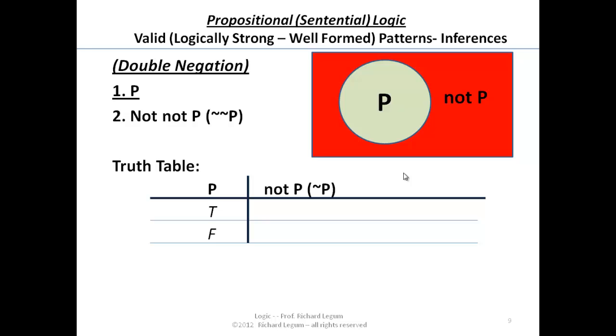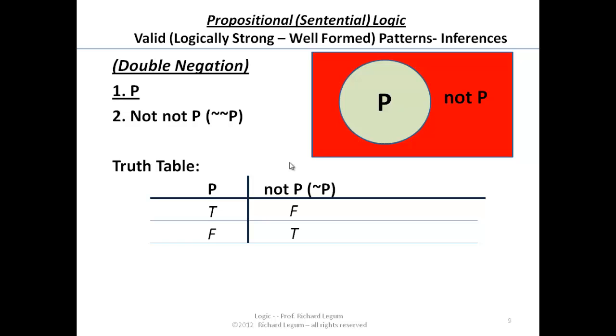And the truth table here is going to be a little simpler because we only have one proposition, P, so it's either true, or it's false. And if P is true, well, think about it, not P has the opposite truth value, false. And if P is false, not P has the opposite truth value, true.